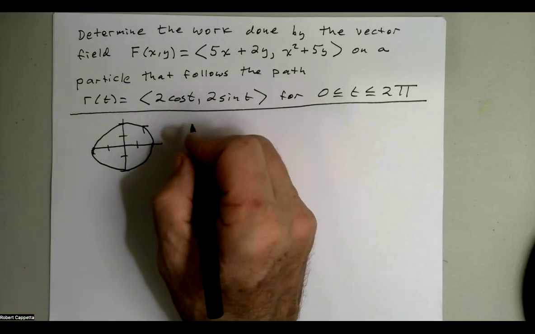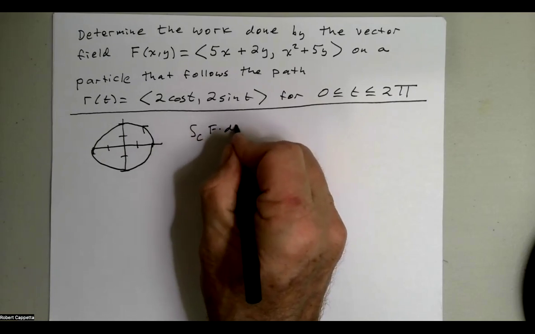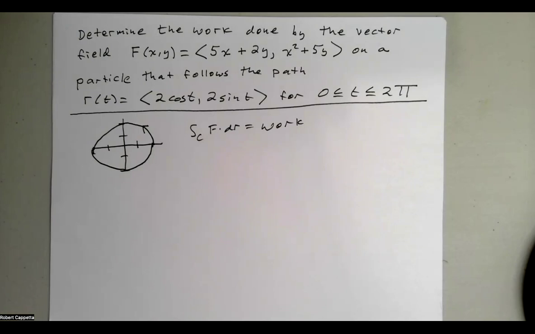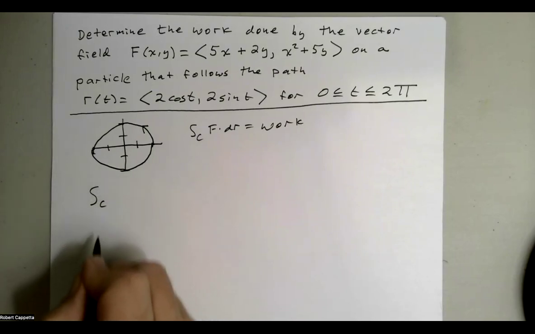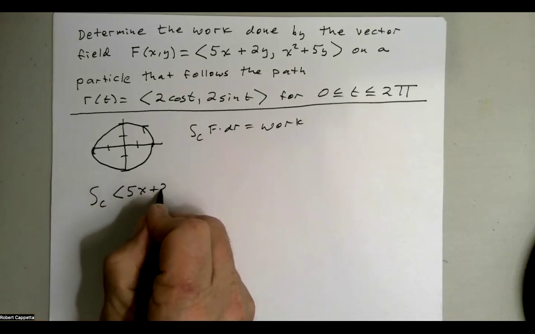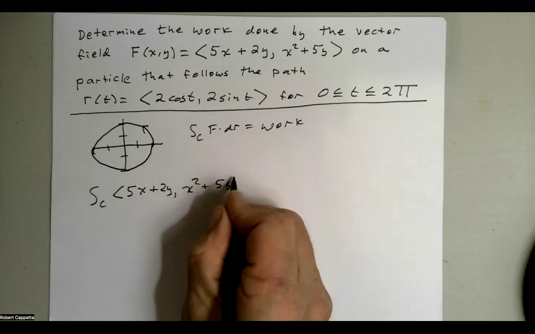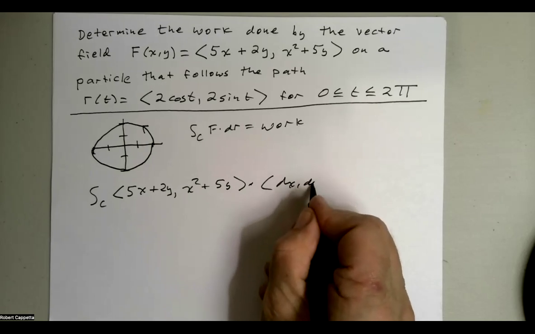So the integral over C of F dot dr is what equals work. So what is that going to be? The integral over C of F, ⟨5x + 2y, x² + 5y⟩ dot ⟨dx, dy⟩ will be our work.